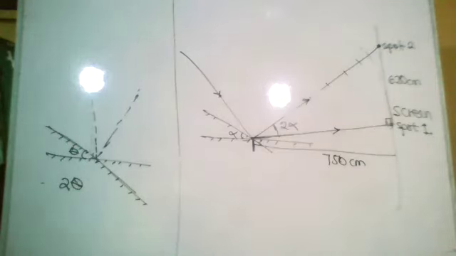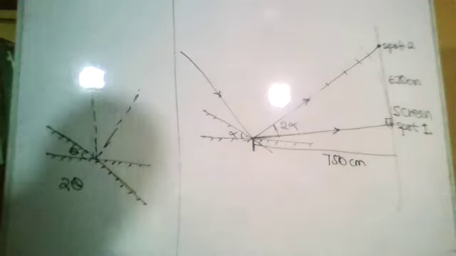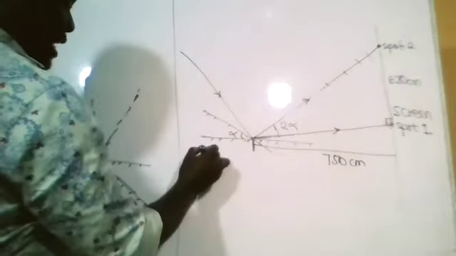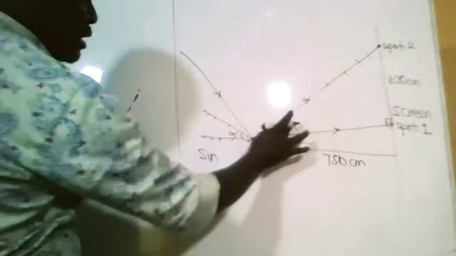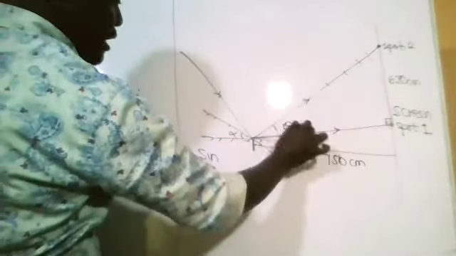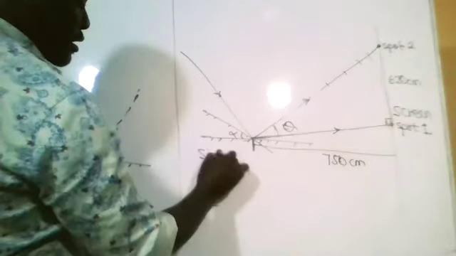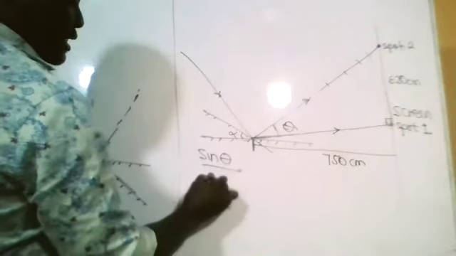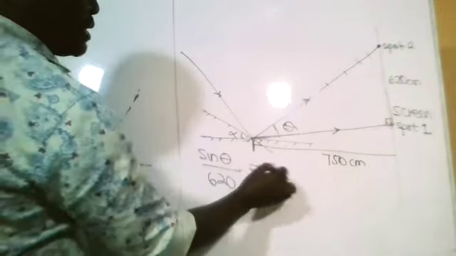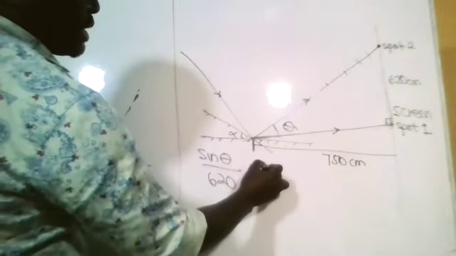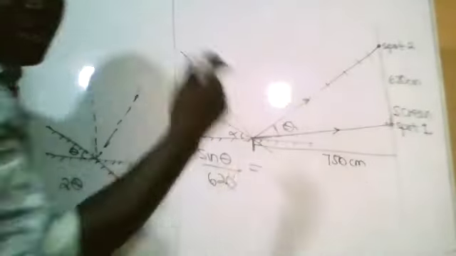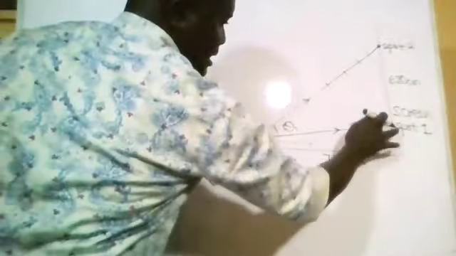Yes, yeah. So in most applications, when we use the sine rule, we have sine of this angle, maybe theta, over 620 must be equal to the sine of any other angle. We are assuming this is not known.